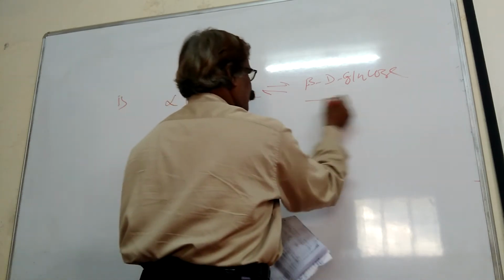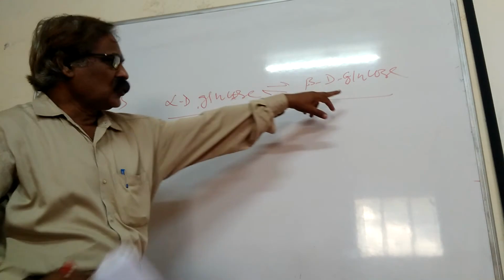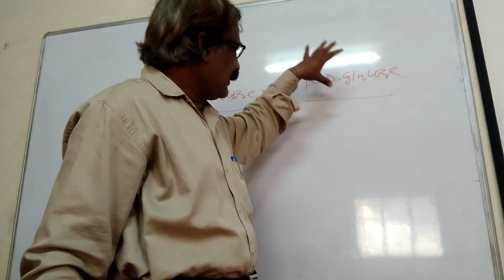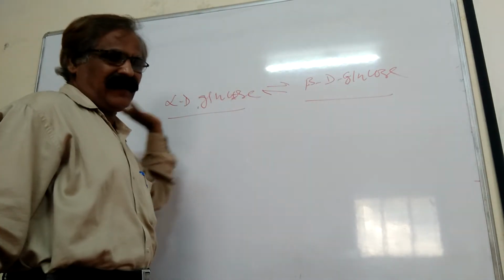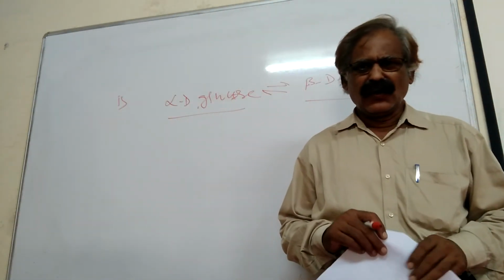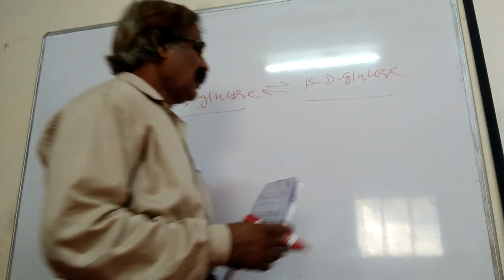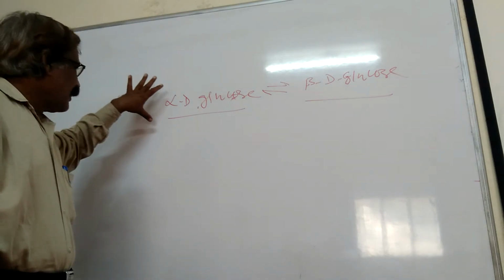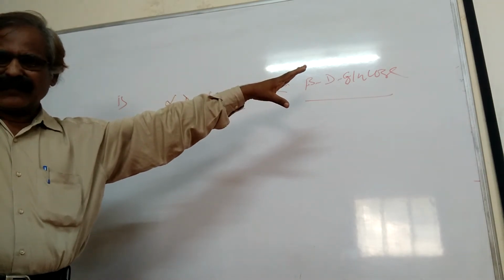The conversion of alpha D-glucose into beta D-glucose and the conversion of beta D-glucose into alpha D-glucose is a very good example of a reversible or opposing reaction. Here what happens? Alpha D-glucose is converted into beta D-glucose.